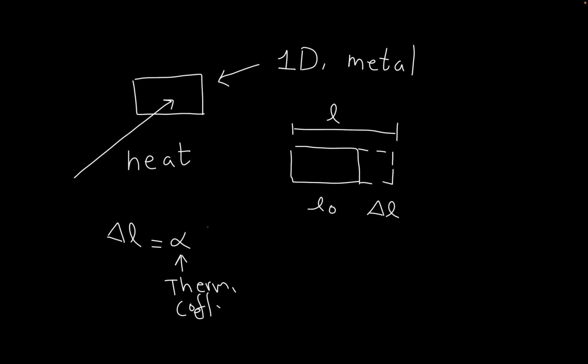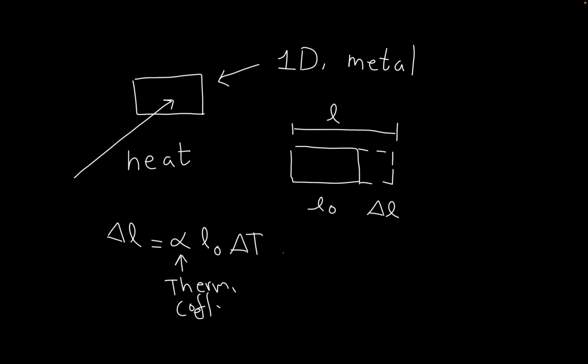So the thermal coefficient of silver is different from gold or iron or any other type of metal. You can usually just look this one up. So the change in length is equal to alpha times the original length times the change in temperature experienced by the system right here.